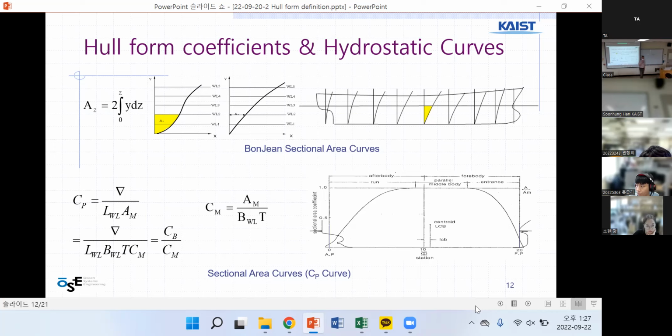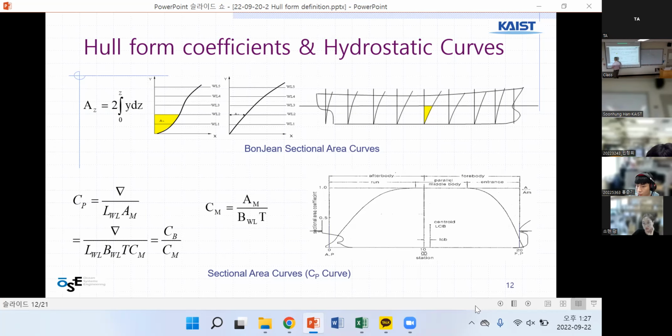In the old days, when I was a student, I did it myself this way to calculate the volume. Volume is important. Also, where is the longitudinal center of volume, and the vertical center of volume? This is calculated as LCB, the longitudinal center of buoyancy. This is the volume.